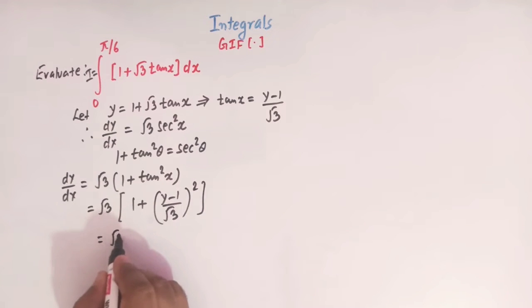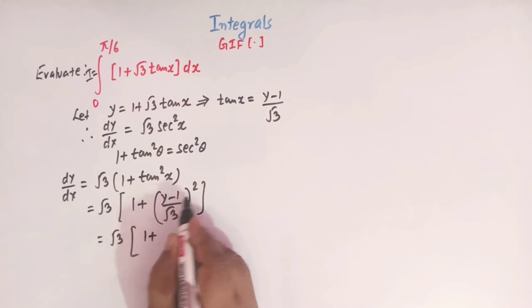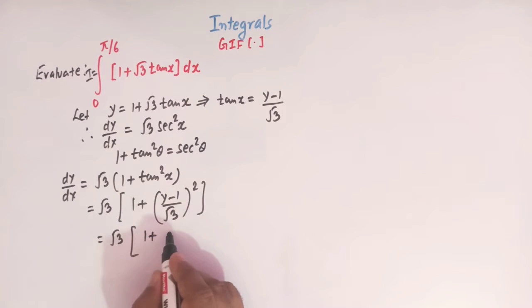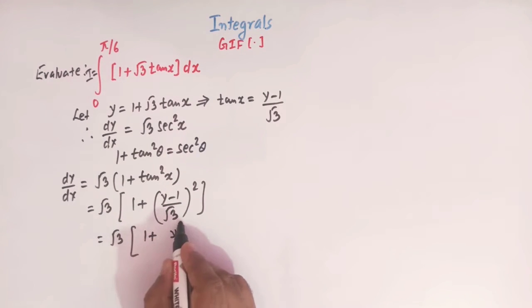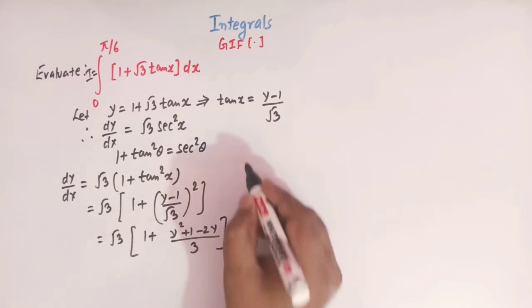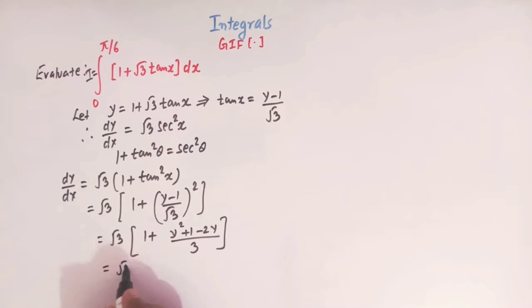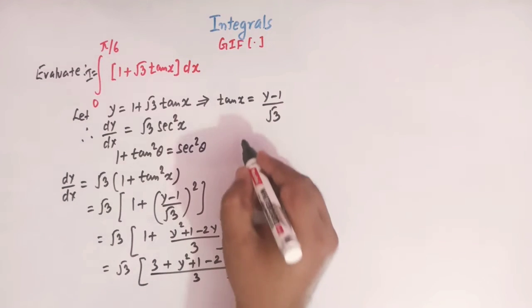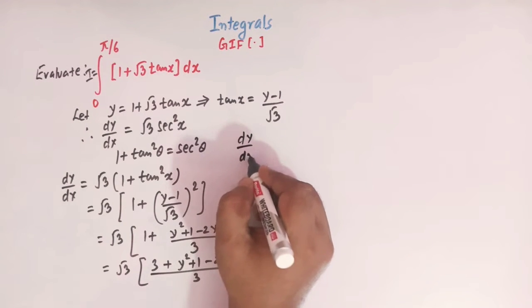Now we can simplify it. So we have square root of 3, then y minus 1 whole square is equal to y square plus 1 minus 2y, over 3. Let us simplify it further: 3 plus y square plus 1 minus 2y over 3, and we can write it like this.